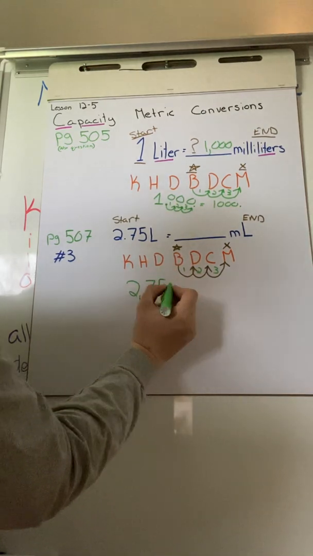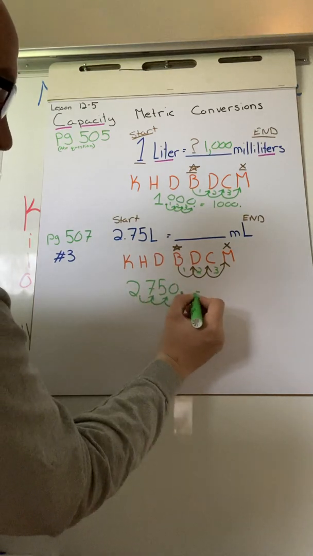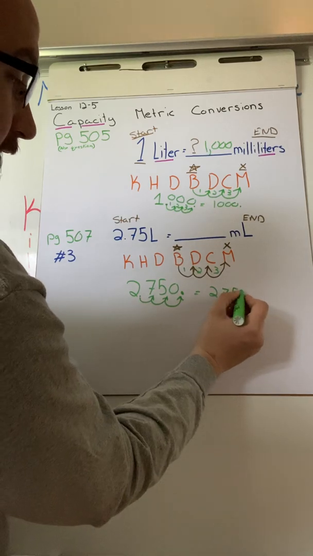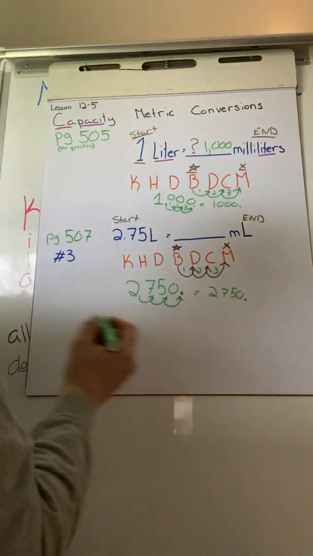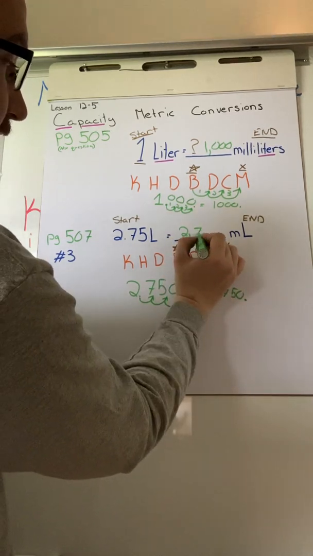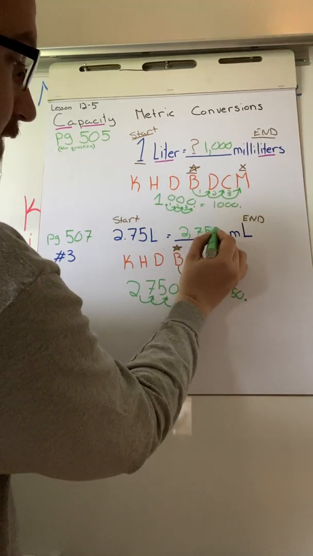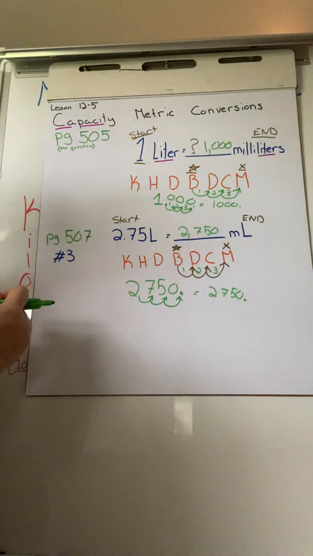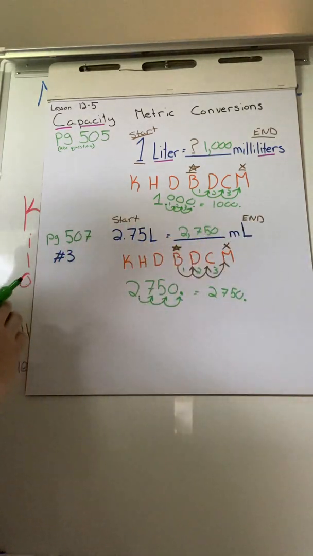I don't have a value here, so I have to put in a 0. So now this equals 2750 with a decimal, or 2,750 milliliters.